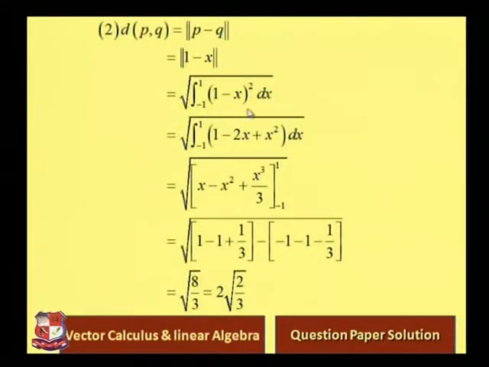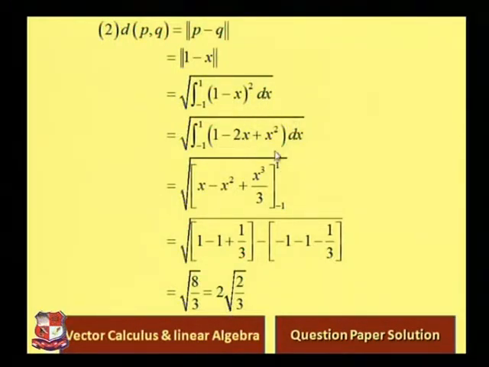Now simplify: (x minus y) whole square is x square minus 2xy plus y square. Here x is 1 and y is x, so 1 square is 1, minus 2x into 1, so minus 2x, and plus x square, dx.